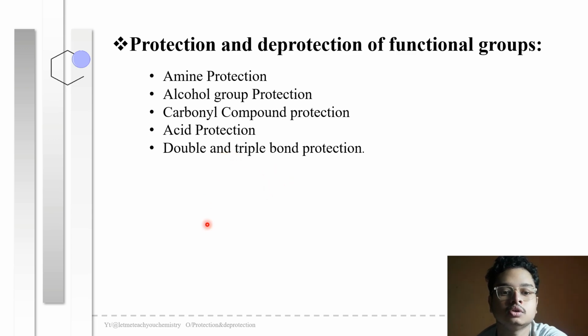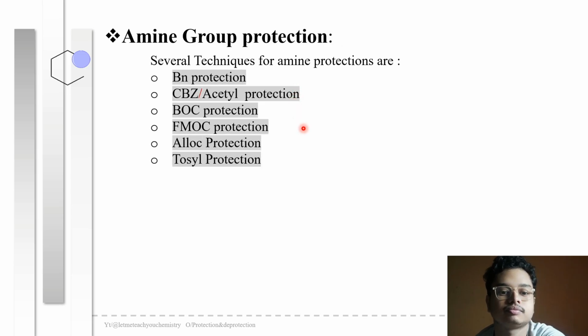So we initially begin our discussion with amine protection. Several techniques for amine protection are the Bn protection, Cbz, acetyl protection, Boc protection, Fmoc protection, Alloc protection, and tosyl protection. You may ask why we need this many types of protection.